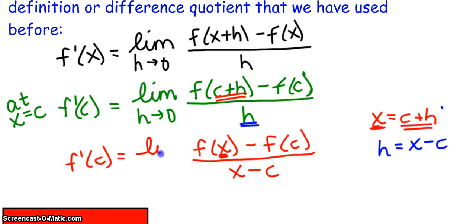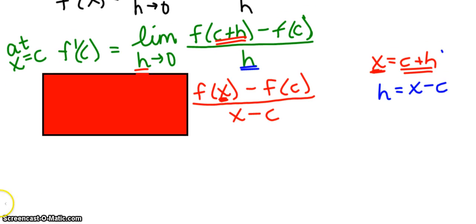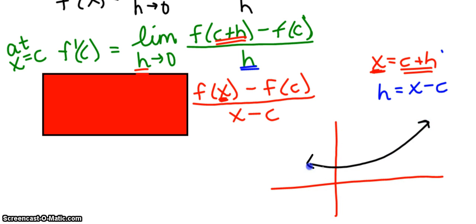And now, I don't want the limit as h goes to 0. I replace my h with x minus c. So I actually want x to get closer to c. Now, if we think about that in terms of a graph, if I ignore this part with the limit, and I just look at this right here, I'm talking about some function. Here's a point x, and here's a point c. And right now, I'm finding their secant line.